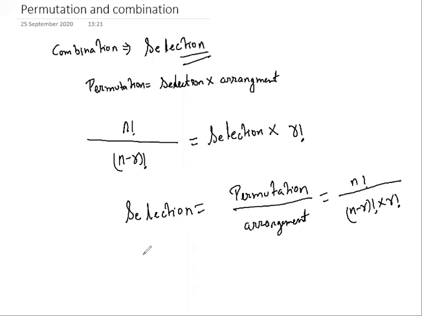Now it is represented by nCr, which I can write as nPr divided by r factorial, or n factorial divided by n minus r factorial into r factorial. Agree, everyone? Understood what is combination?